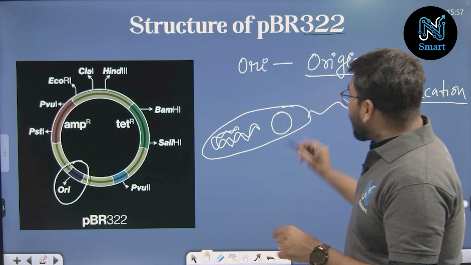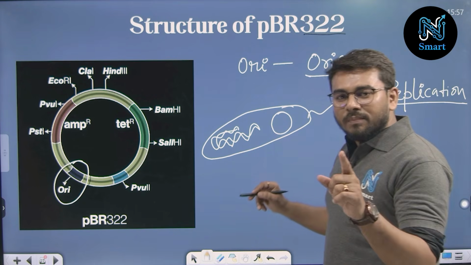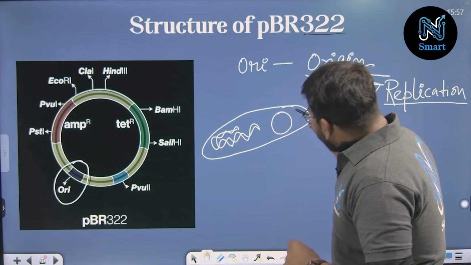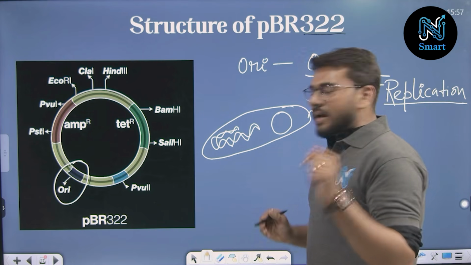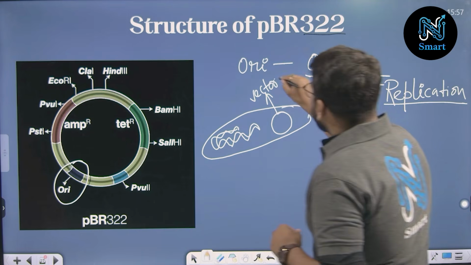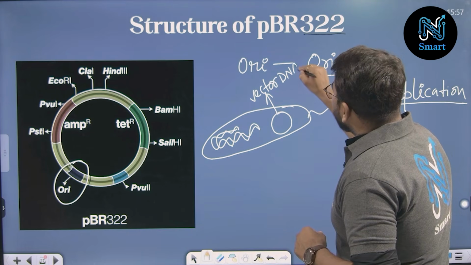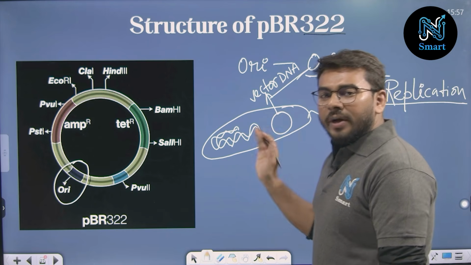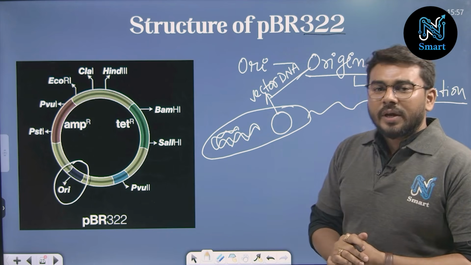That circular DNA is known as vector DNA. That is the vector DNA, and this is the picture of the vector DNA.